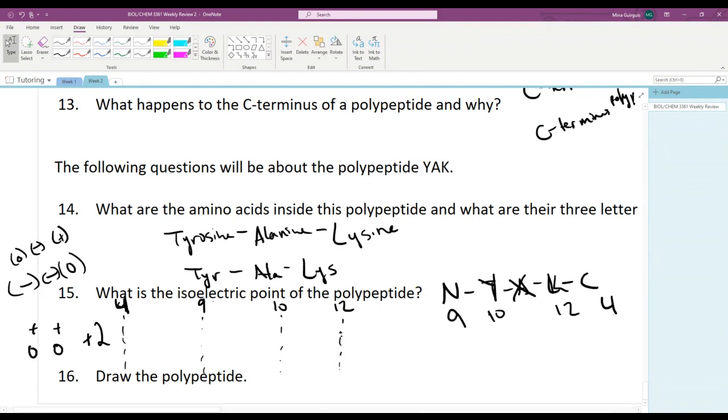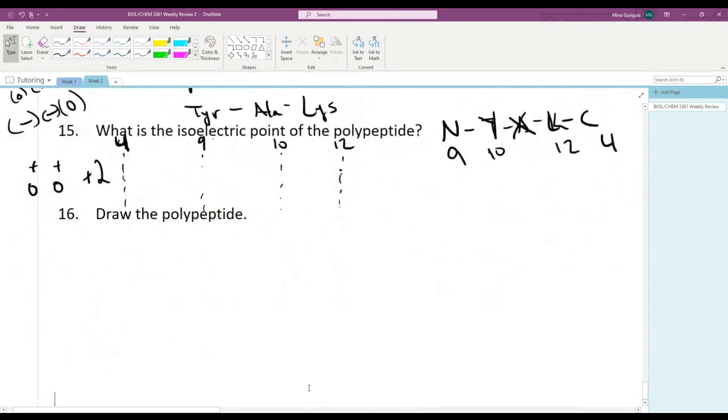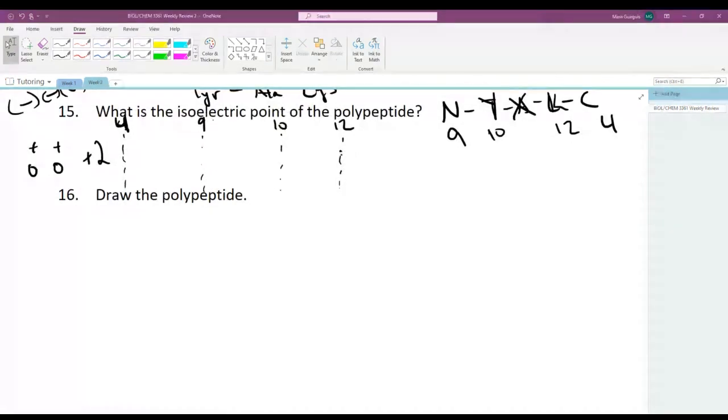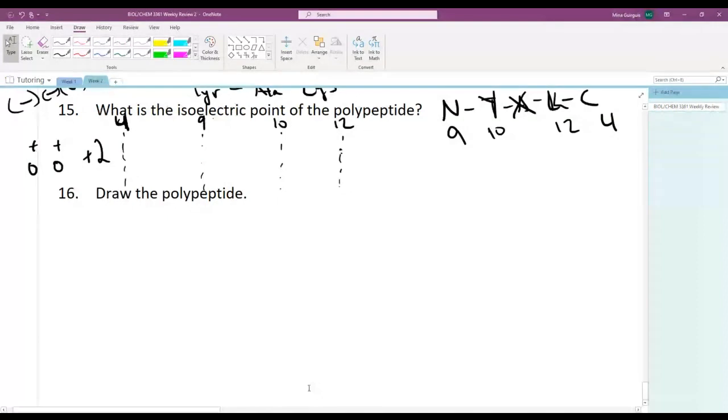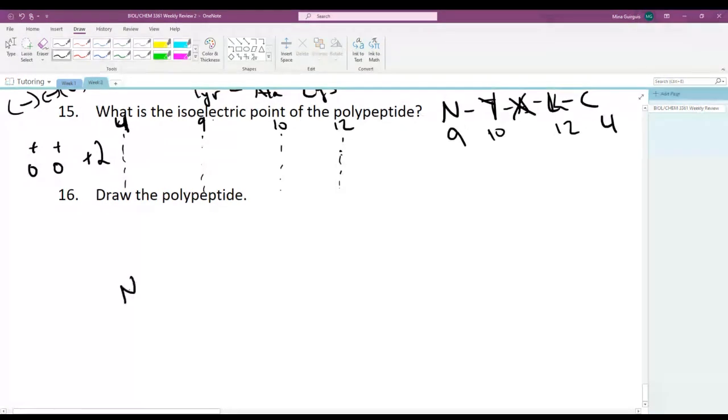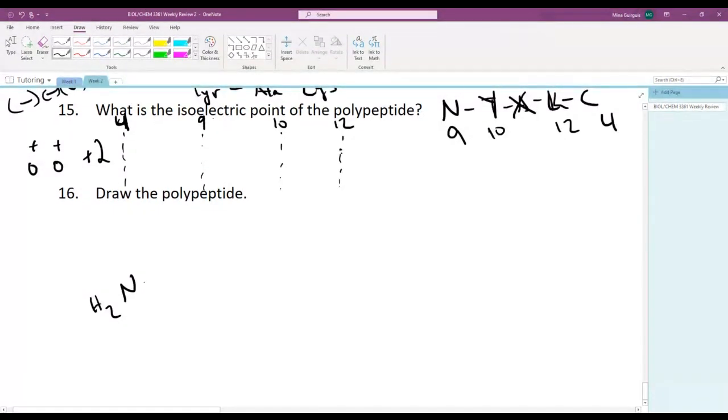And actually, I think it would be easier if we draw the polypeptide first. So if you guys want, we can go ahead and do 16 before 17, if that'll make it a little easier, okay? All right, yeah, sure. So let's do 16 first. So I'm going to do the N-terminus because I think that's the easiest. NH2, terrific, okay? Then I know that I have a central carbon, and I'm going to draw this as a line angle from like organic chemistry.